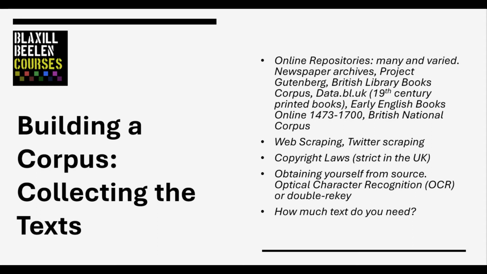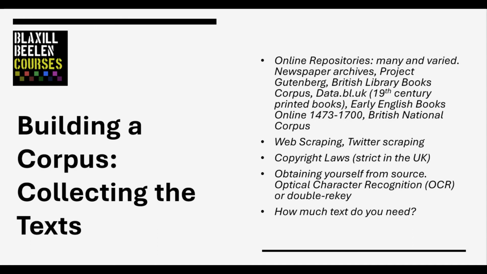This is to say that you can use certain interfaces, certain code, to be able to download textual data en masse from websites. For example, the BBC News site, since it was launched in the late 1990s, and as is very popular in the social and political sciences, Twitter scraping.